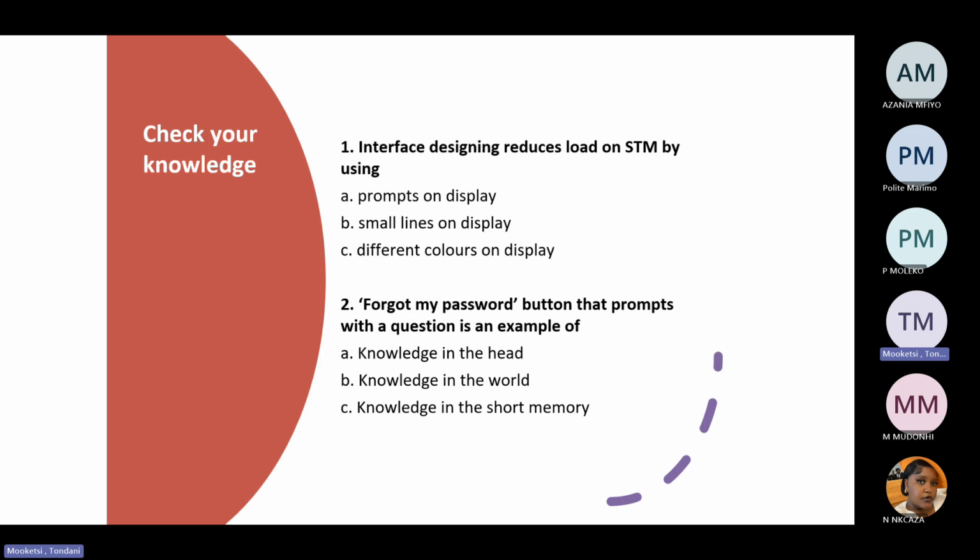So the question here is asking, is this an example of knowledge in the head, knowledge in the world, or knowledge in the short-term memory? Option C, knowledge in the short-term memory. Others, what do you say?